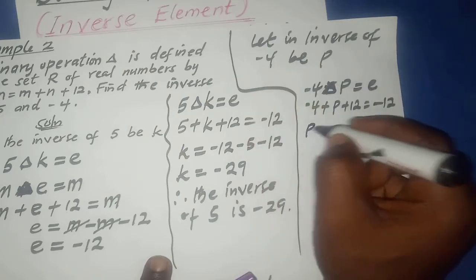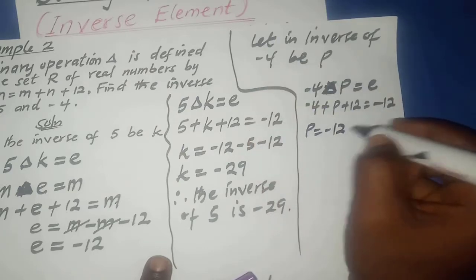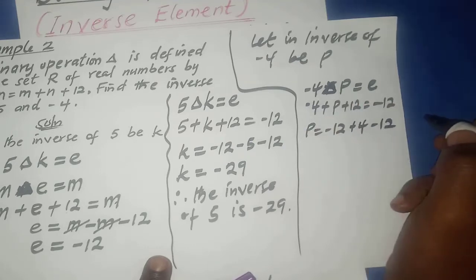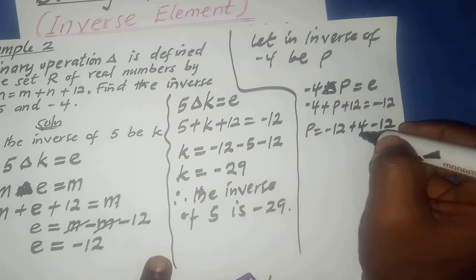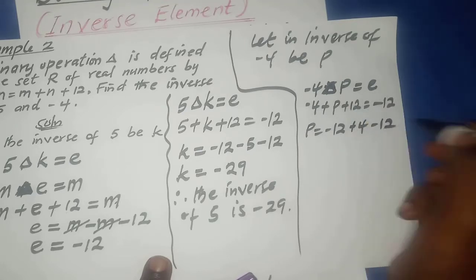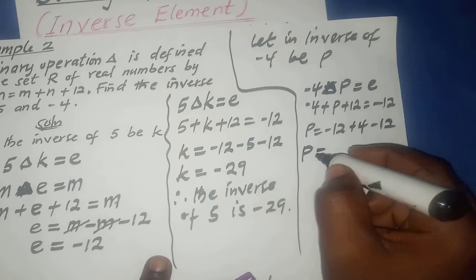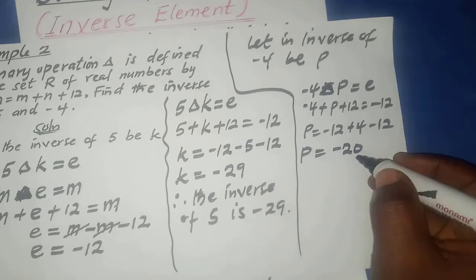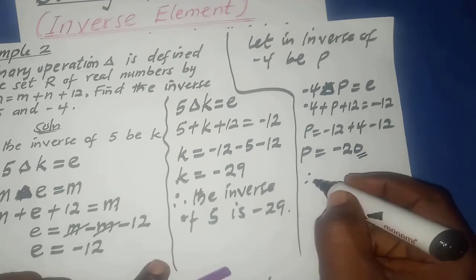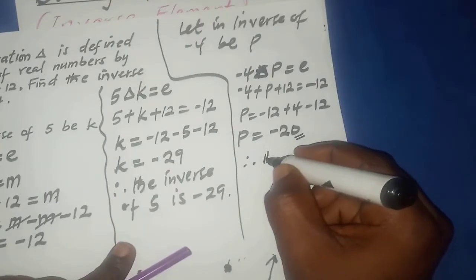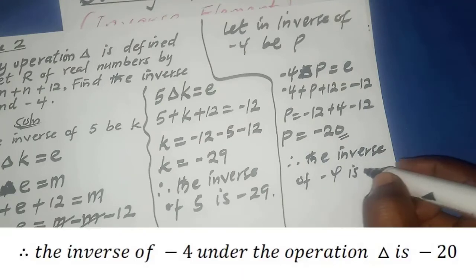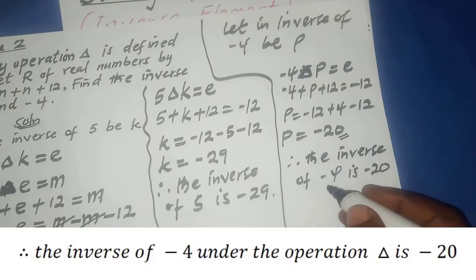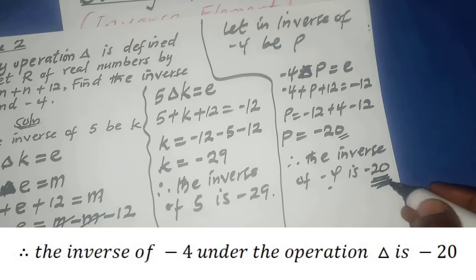So you have P is equal to negative 12. This one becomes plus 4 minus what? 12. If you send negative 4 here, it becomes plus 4. If you send 12 here, it becomes minus 12. So you have P is equal to negative 20. Therefore, the inverse of negative 4 is what? Negative 20. Alright.